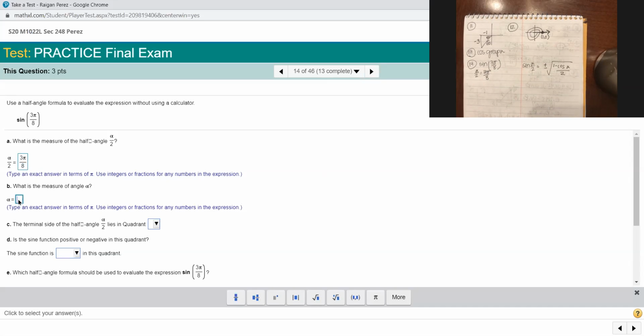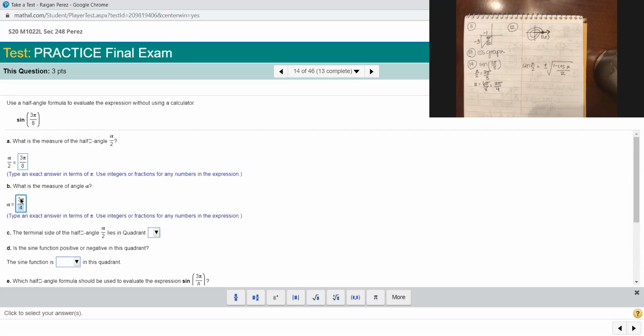The double angle would be when you were multiplying by 2. So we would get 6 pi over 8, which simplifies to 3 pi over 4. Okay, where does 3 pi over 8 land? That should be in quadrant 1. Because if this is 8, broken into 8, this would be 4. So 3 will be right here in quadrant 1.